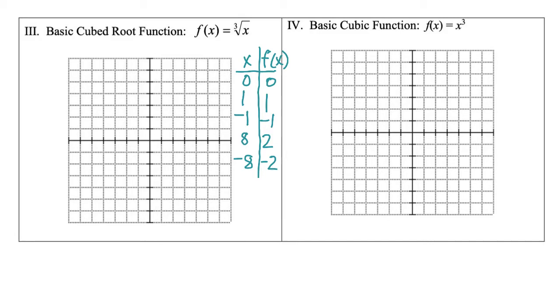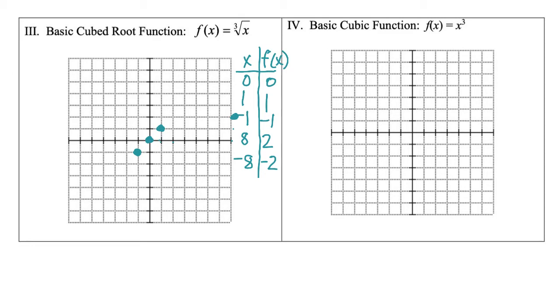Alright, now let's plot those points. We have 0, 0. We have over 1, up 1. We have back 1 and down 1. And then we have to run over 8. 2, 3, 4, 5, 6, 7, 8, and then up 2. So that point's going to be somewhere in there.